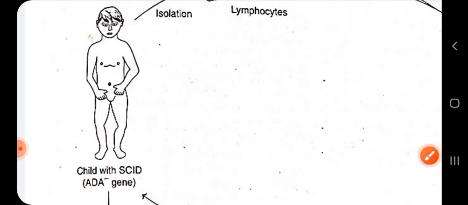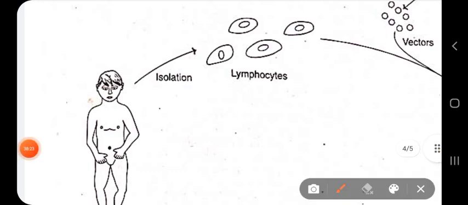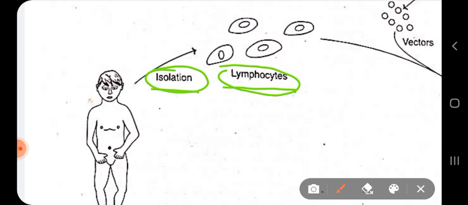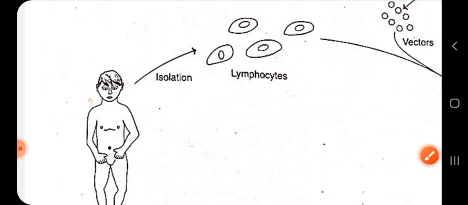So what we do is isolate specific tissues from the patient who is suffering from SCID. Here we isolate the lymphocytes.